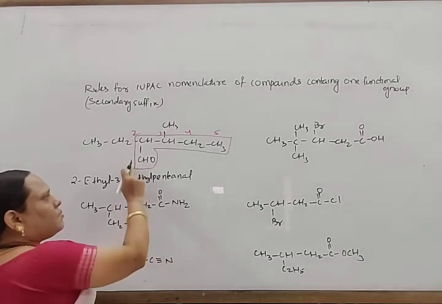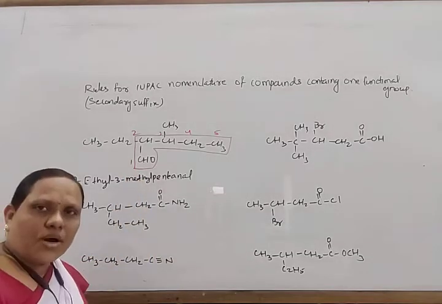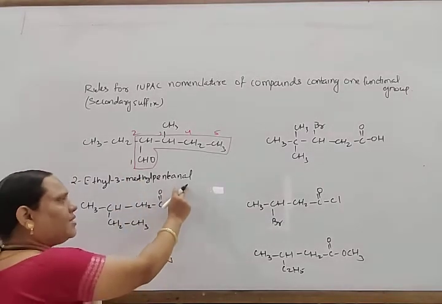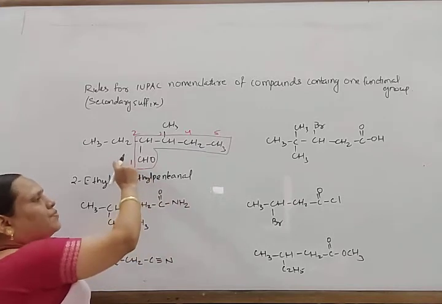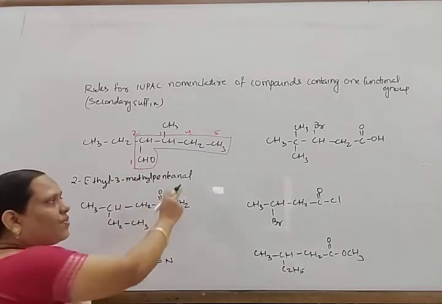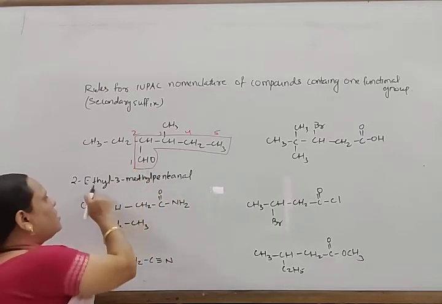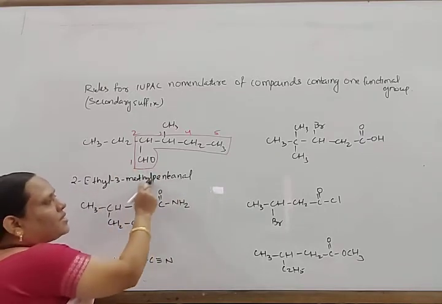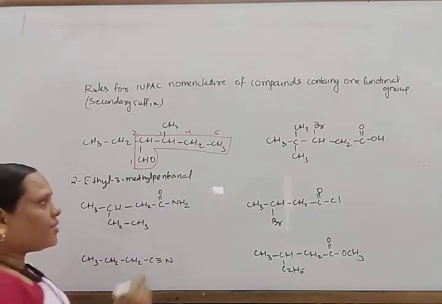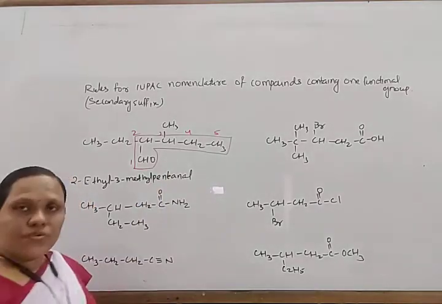As the terminal group is always position 1, there is no need to write the position of the secondary suffix. Before writing the secondary suffix, no need to write the position. So 2-ethyl, 3-methyl, pentanal, because this al has always position 1.